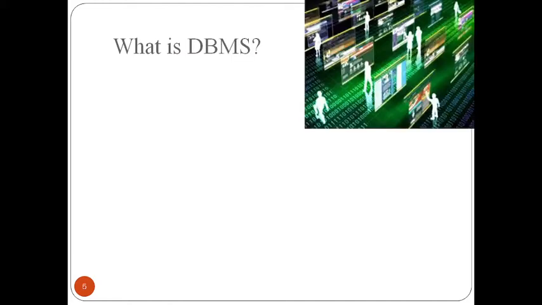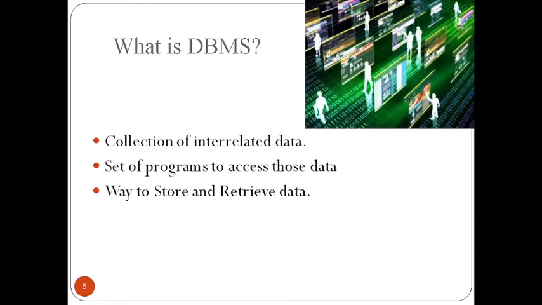Now, if you know the data and the database, then we must go into what is a database management system. A database management system is a collection of interrelated data, which is related to each other, and a set of programs to access that data.